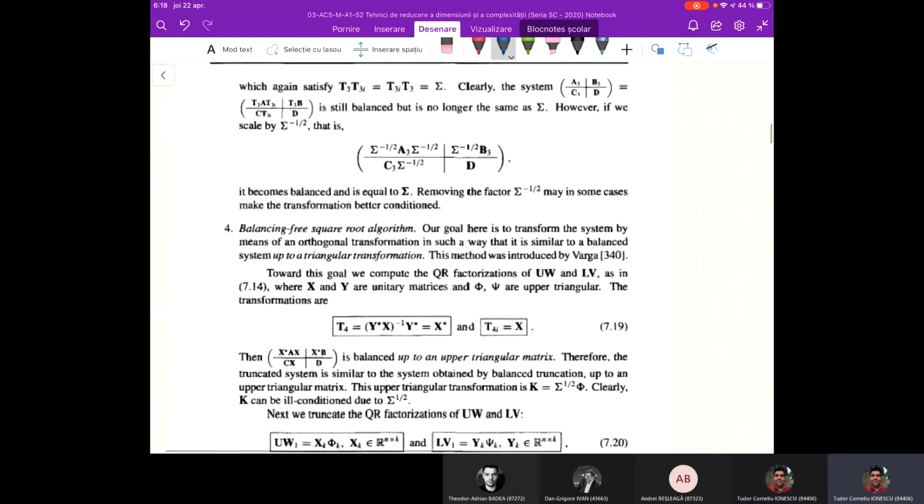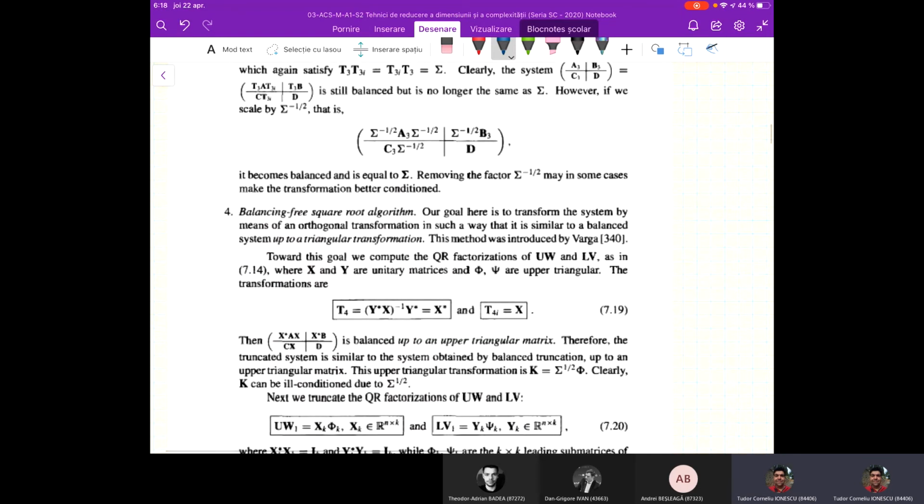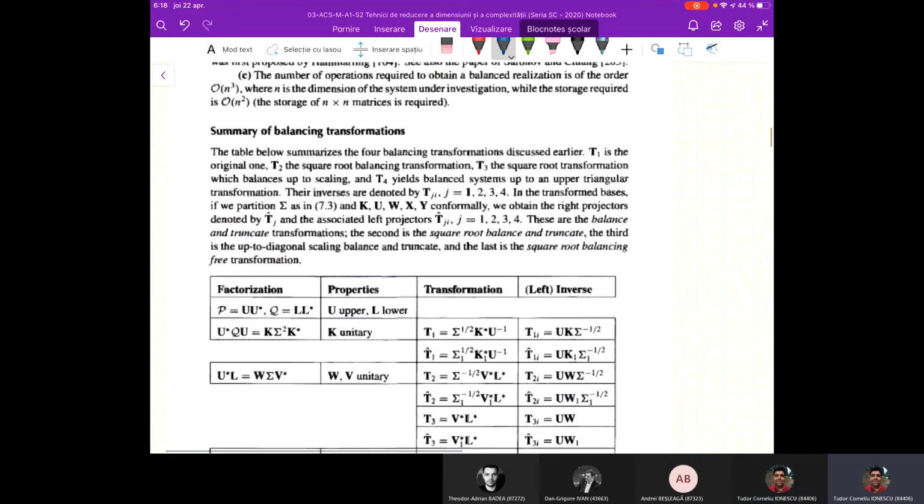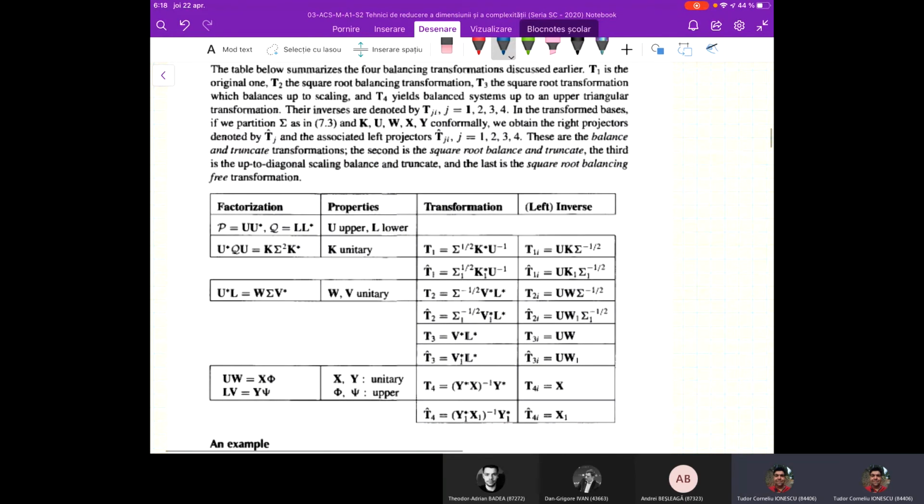There are also other ways to do things. You can do QR factorizations. And here there is a nice summary of all the algorithms you can use for balanced truncation, using Cholesky factorization, using singular value decomposition, using this and that.